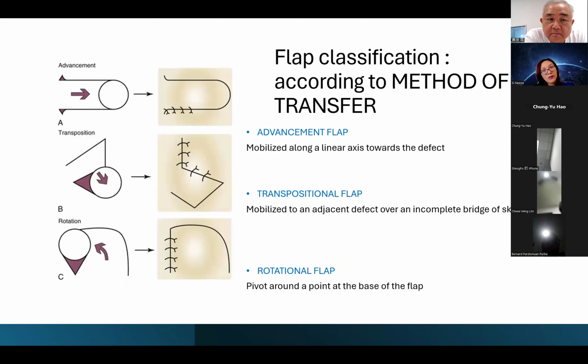From the method of transfer, we know there is an advancement flap when you mobilize the flap just along a linear axis towards the defect, and transpositional when you have to rotate it or even transport it over an incomplete bridge of skin, and then rotational if you have a pivot at the base of the flap.